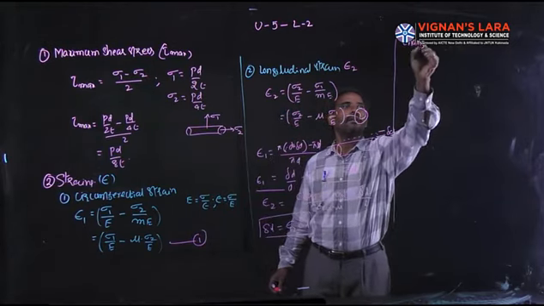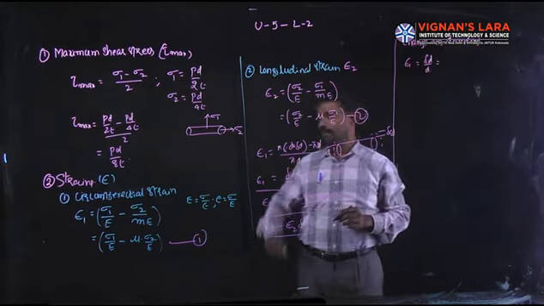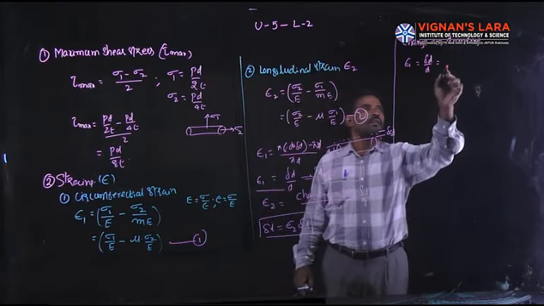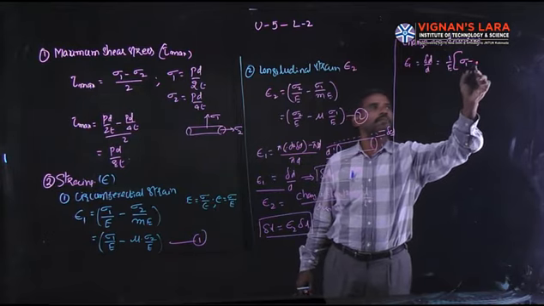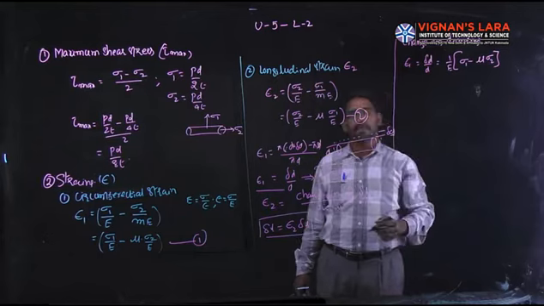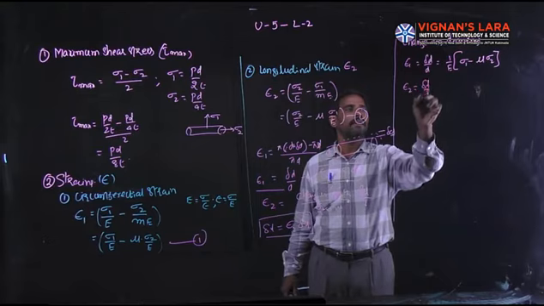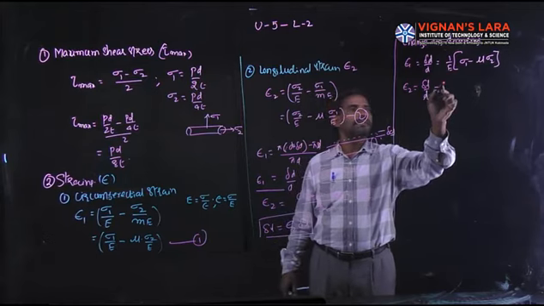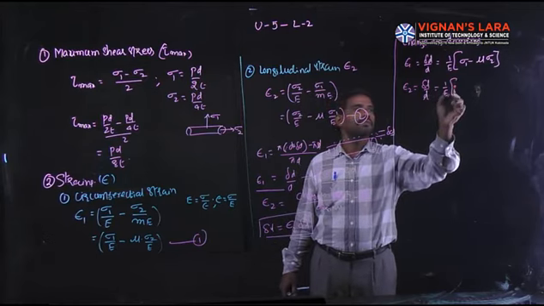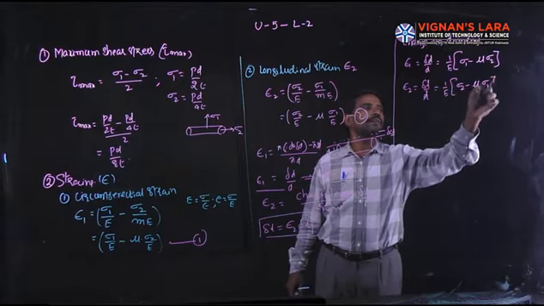Now finally, the change in dimensions. Epsilon 1 is equal to delta D by D, which from the earlier equation is equal to 1 by E into (sigma 1 minus mu into sigma 2). Similarly, the change in length is delta L by L, which from equation number 2 is equal to 1 by E into (sigma 2 minus mu into sigma 1).